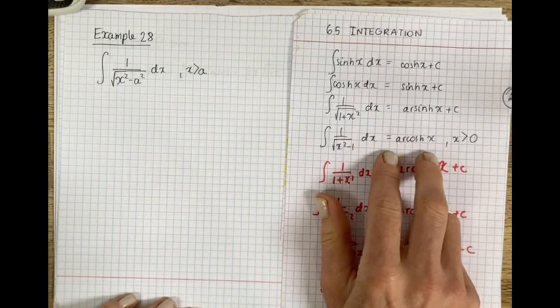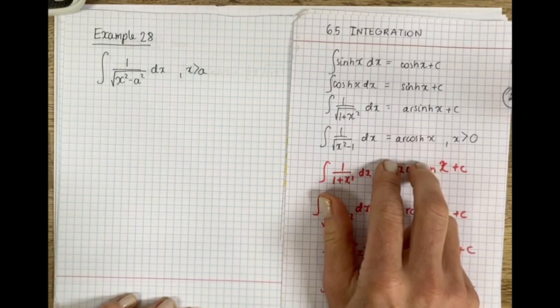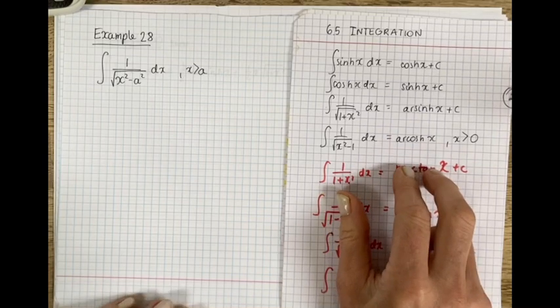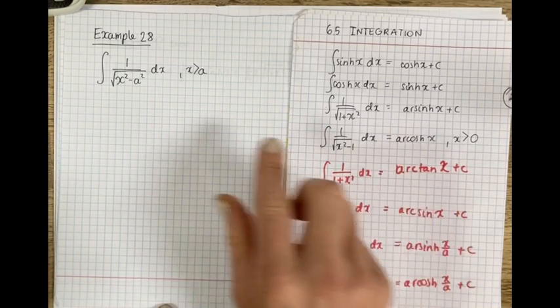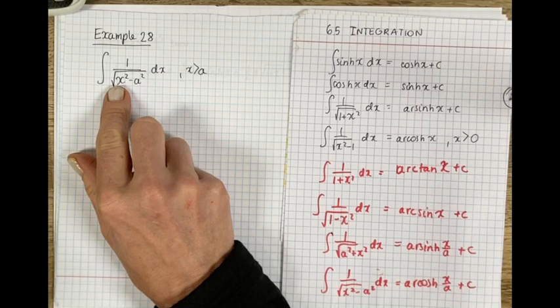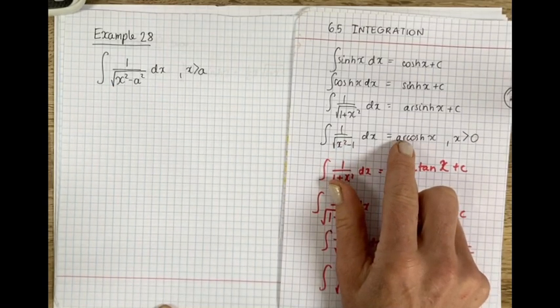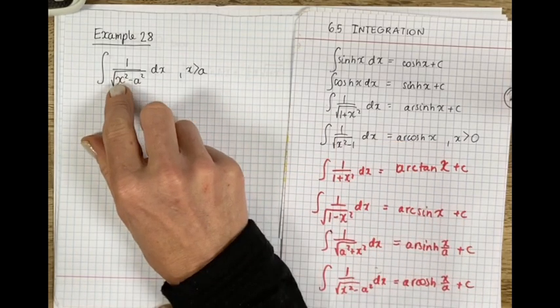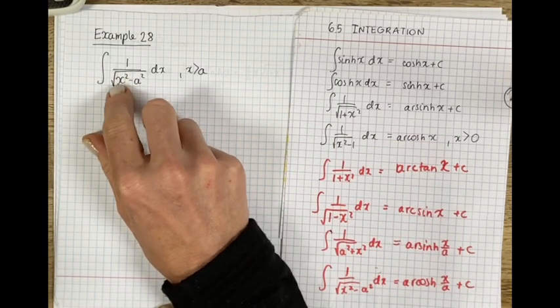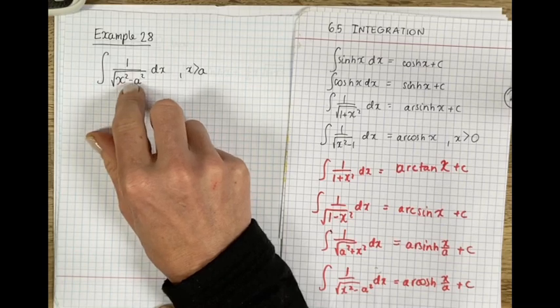So what would be a good substitution? Well, a good substitution would be actually, well, it wouldn't just be cosh, okay? Because what you want to do here, you don't want this a in the denominator.